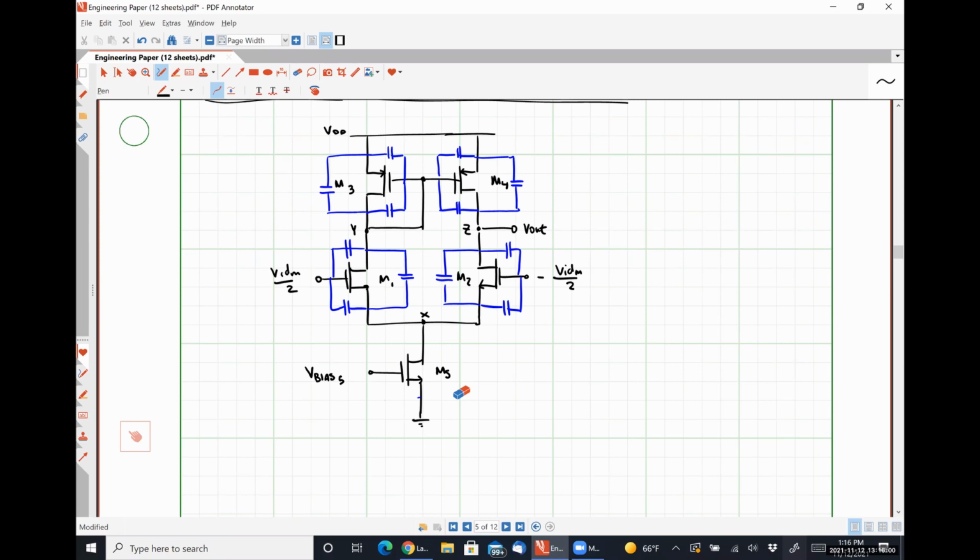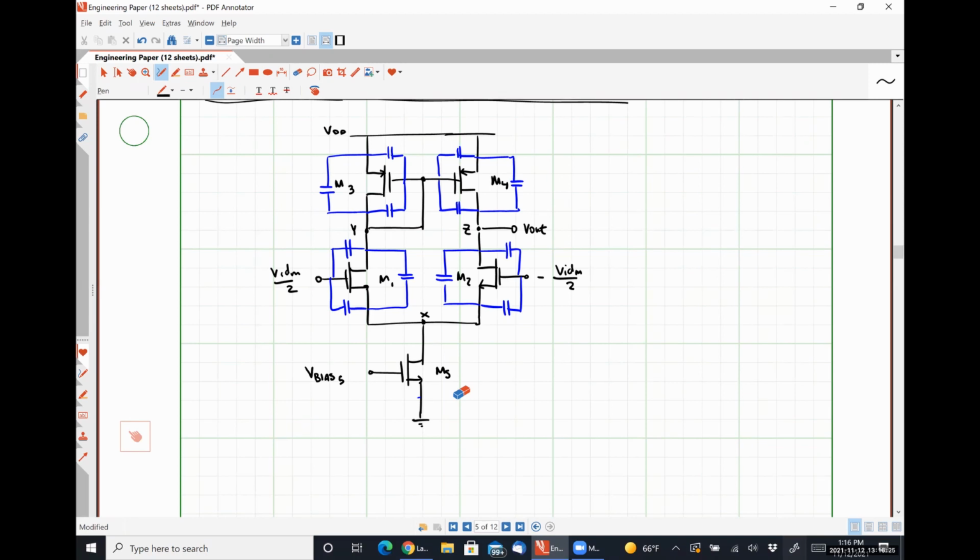Once they start to matter, they are going to cause the common mode gain of the system to go up. So they're not going to have any effect on the differential mode portion at all, but they're going to start messing around with how this circuit sinks common mode signals to ground. So for our analysis, they're going to contribute nothing.